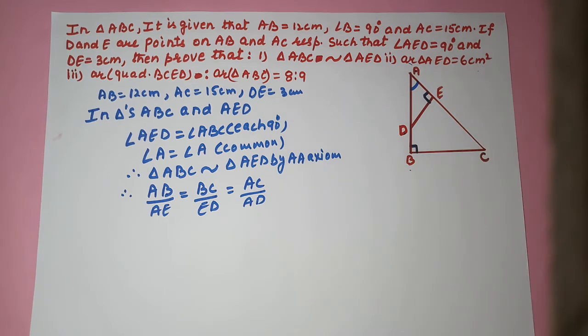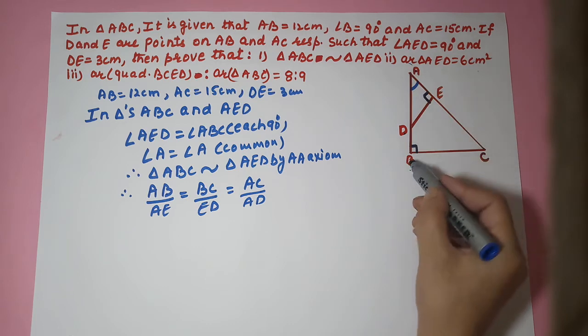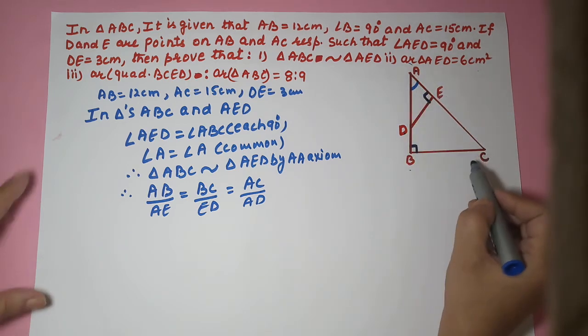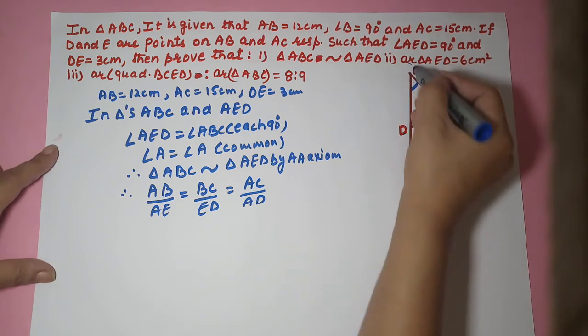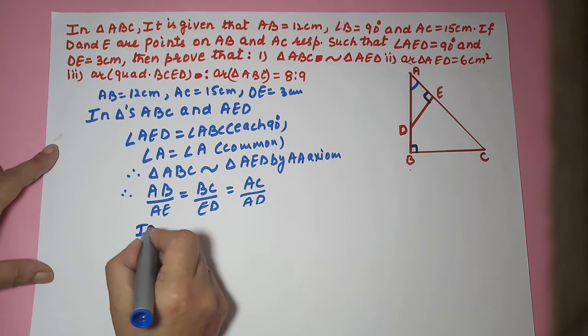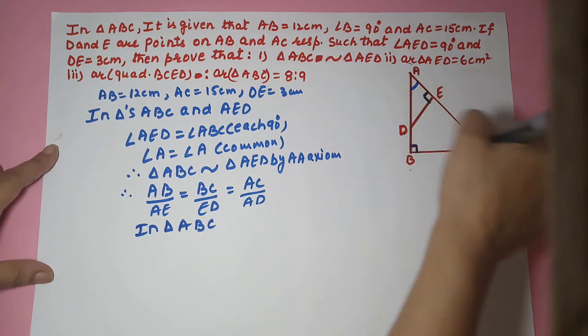Right? Now, for that, I have the value of AB also and AC also. I don't have BC. Let me first calculate this BC by using the Pythagoras theorem. I know that in triangle ABC, I can use the Pythagoras theorem.